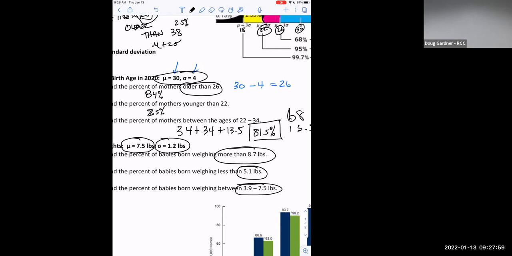Okay, so that first one says percent born weighing more than 8.7. So the first thing we've got to do is kind of establish what that means.